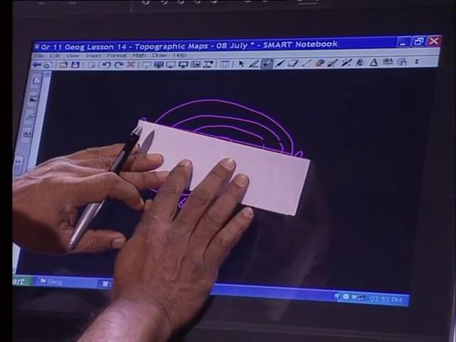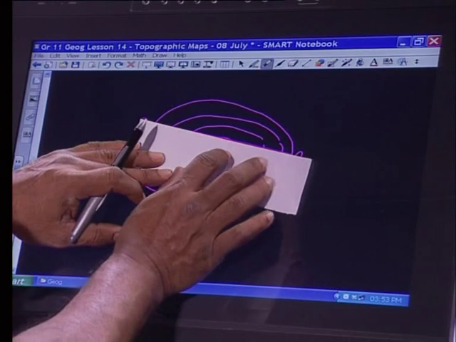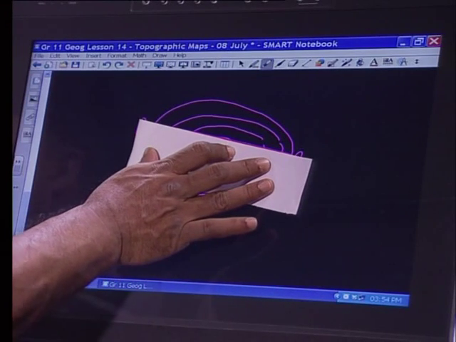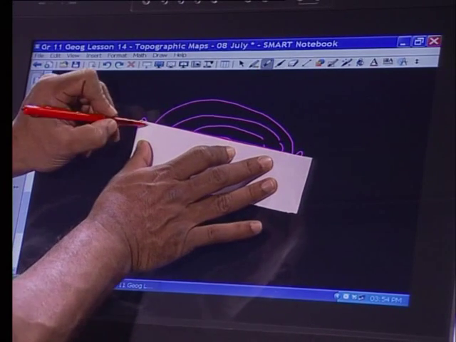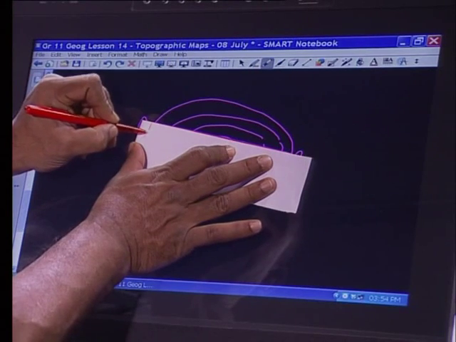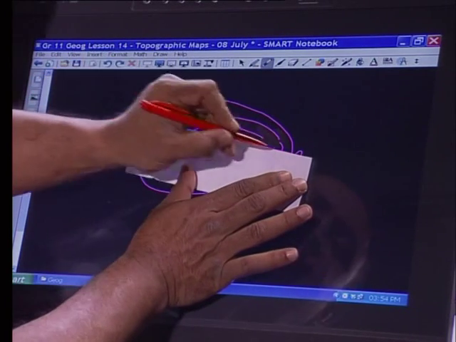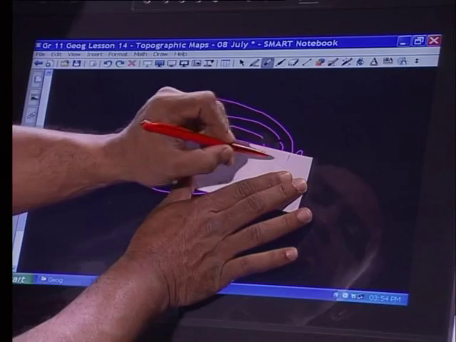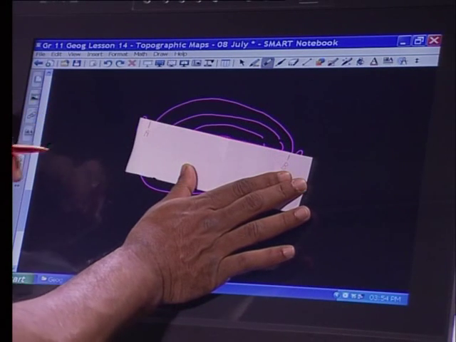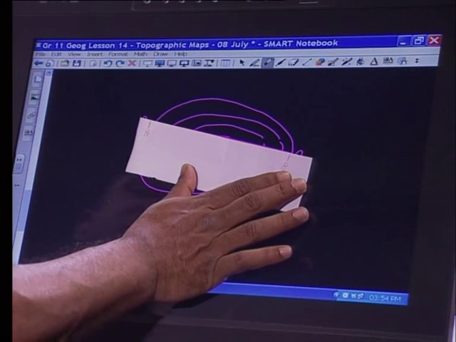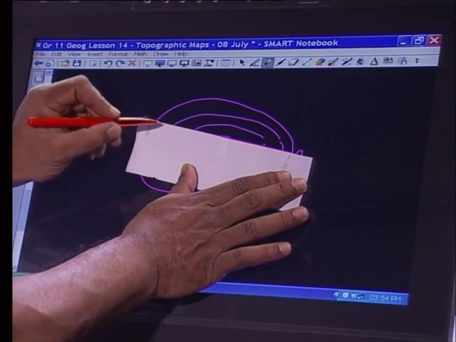Okay, now the first step is to take my piece of paper and put it down on my diagram, and I mark off A and B. And then I look at where my contour lines are marked off in each one.